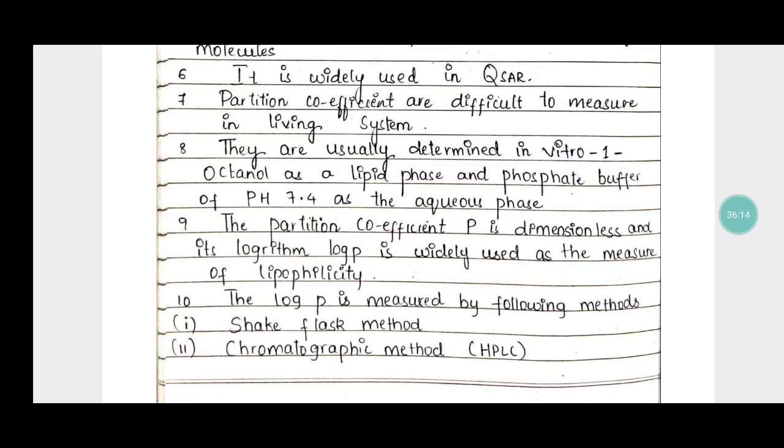The partition coefficient P is dimensionless and its logarithm, log P, is widely used as the measure of lipophilicity. The log P is measured by the following methods: the shake flask method and the chromatographic method, that is HPLC.